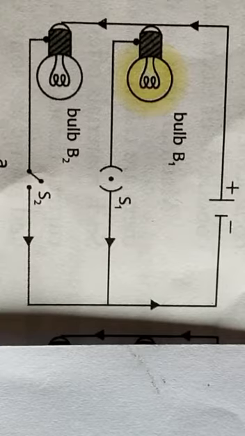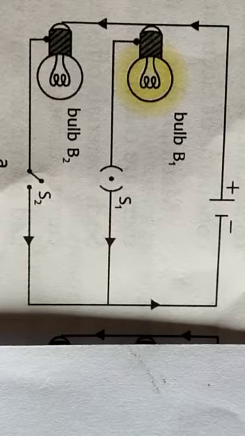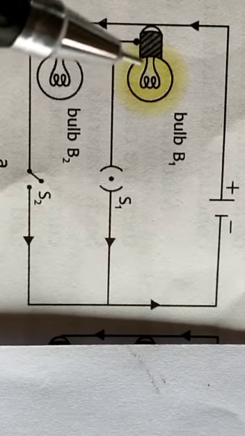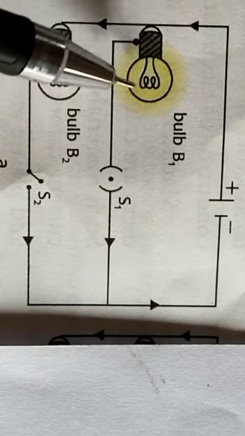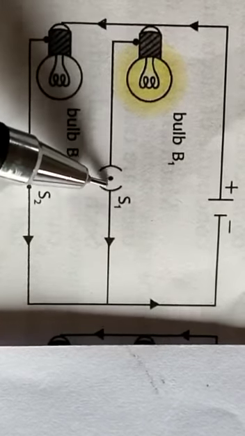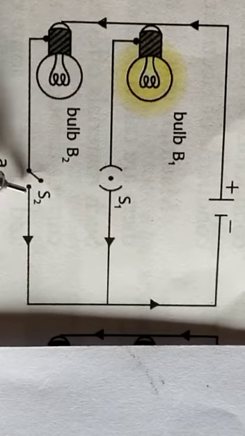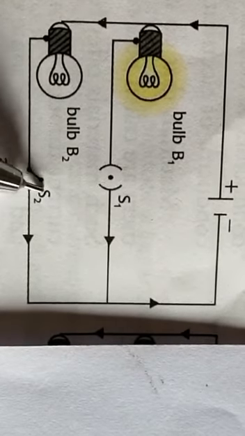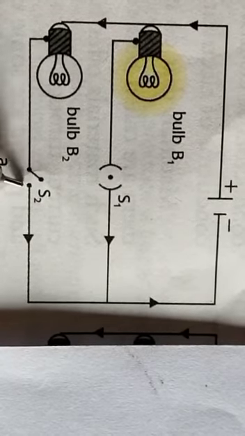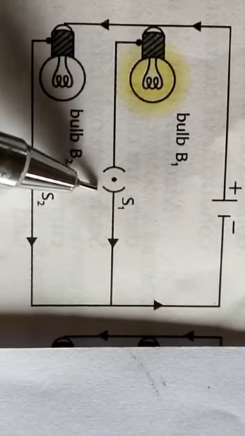Children, in this diagram you can see, suppose I want to glow this first bulb. Then what will I do? I will keep this switch on, and this switch I will put off. See, this second bulb is not glowing because this switch is now off and this one is on.